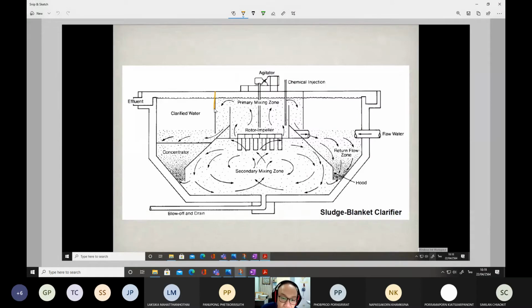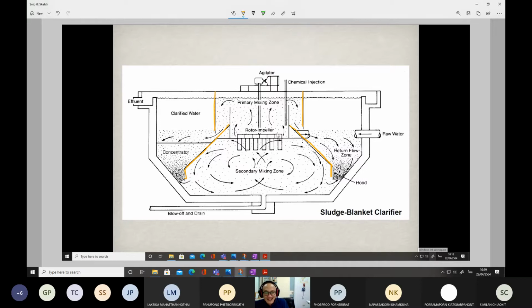This buffer actually separates the tank into two compartments. It's more or less like a skirt, a ladies' skirt. You have to think in 3D. It's like a skirt, and here is also a buffer separating the outer compartment and the inner compartment.